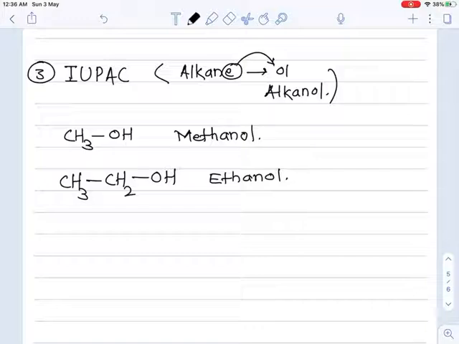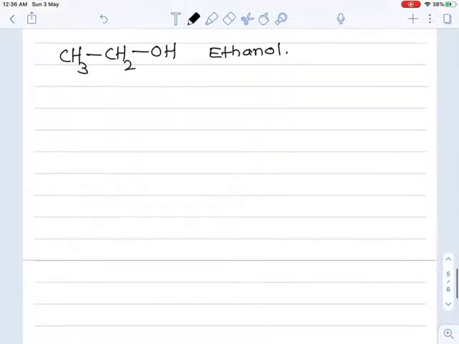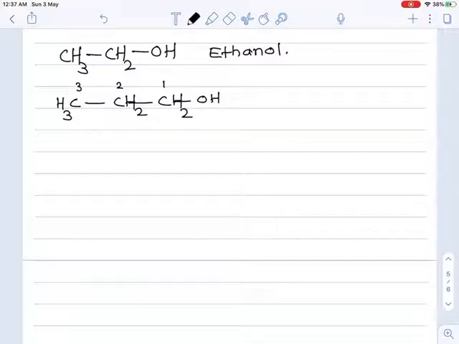Now the next example, a three carbon containing alcohol. If you write the carbon skeleton of a three carbon containing alcohol, with the OH group attached to carbon number 1, then the remaining valency is completed by hydrogen and we get its structural formula.